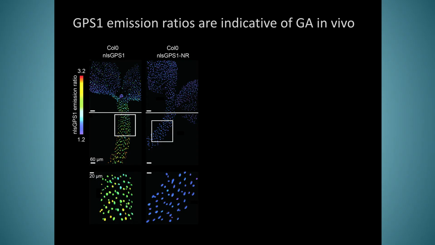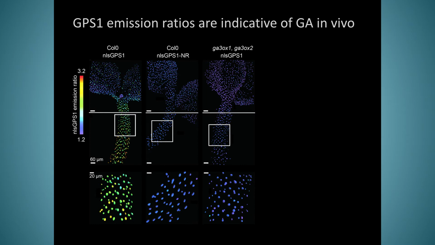And this is truly non-responsive in vitro and in vivo to GA changes. So what does GPS1NR look like when we express it in the light-grown hypocotyl? You can see that the patterning that we saw in the light-grown hypocotyl is absent in the GPS1NR, suggesting that these changes are indicative of changes in GA.